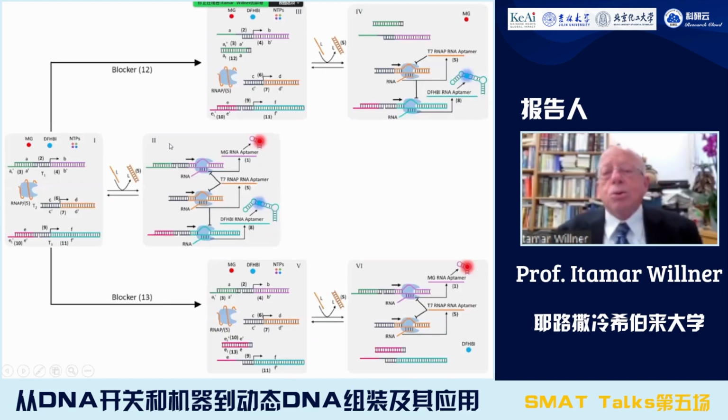We were able to design a cascaded system that shows that one transcription process of an aptamer can control a suicide transition on the second one, and we have a cascaded formation of two aptamers.